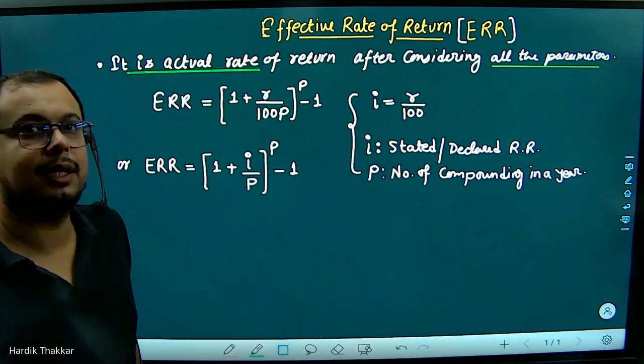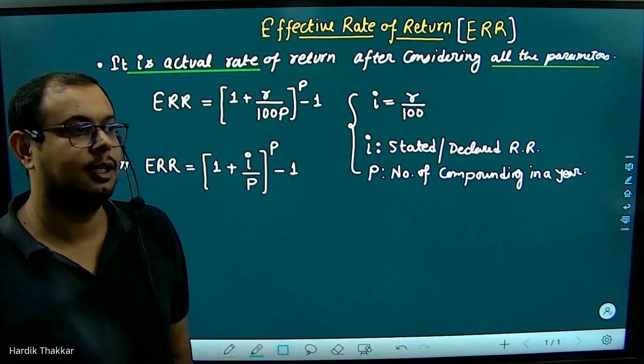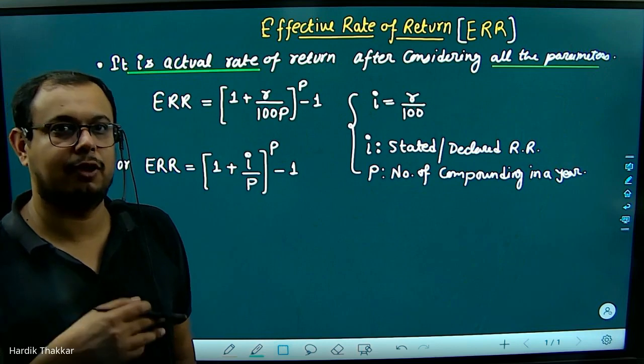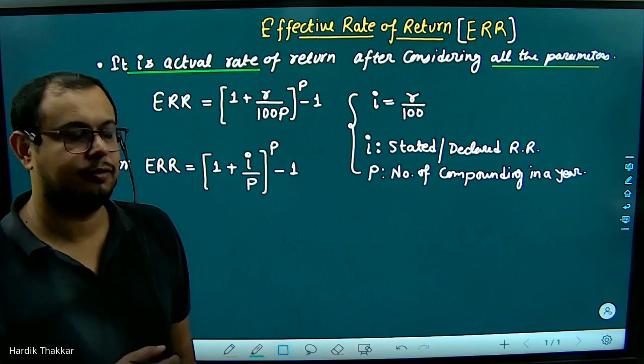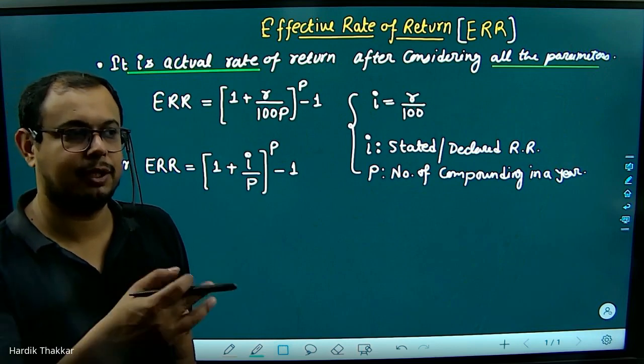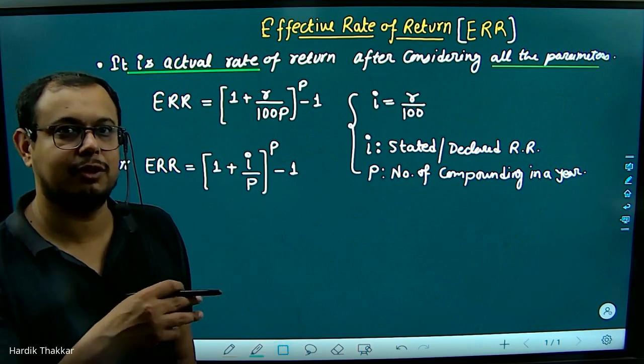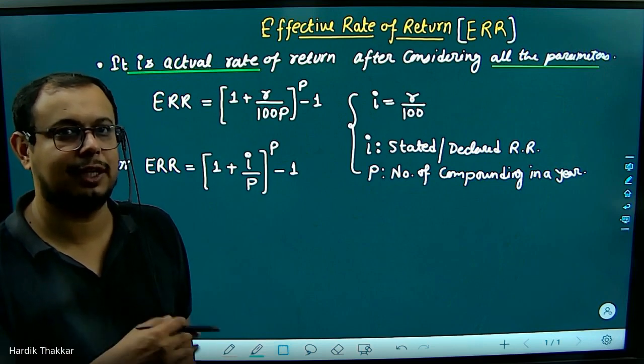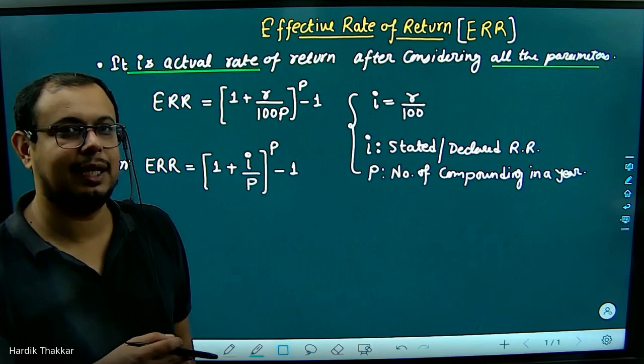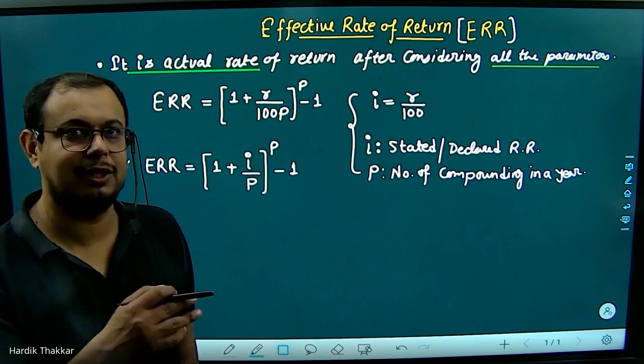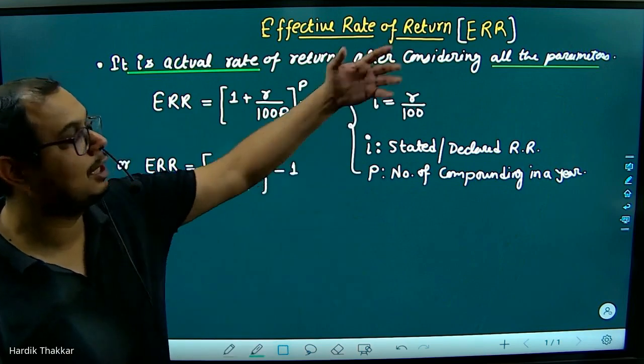For example, if I have invested 10 lakh rupees for 1 year in a land, and for purchasing that land I have to go for some paperwork or some registry and so on. So maybe I have to invest 1 more lakh rupees for those other parameters.